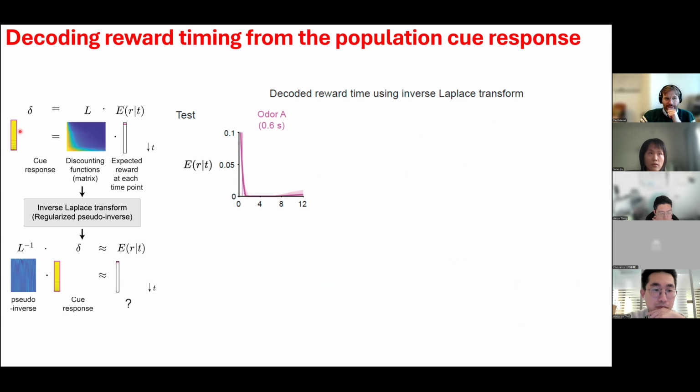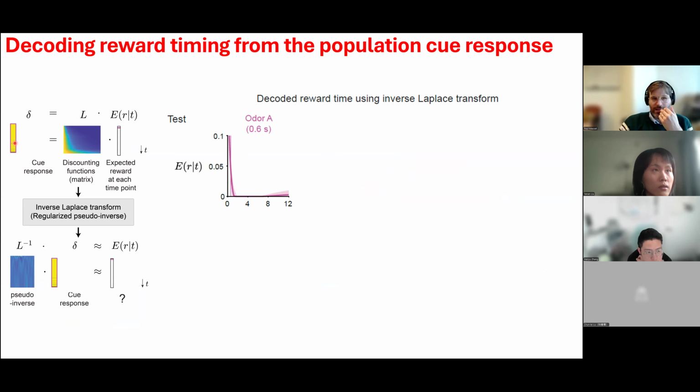We took the prediction error responses for a given delay. We have our discount matrix, and then we have the expected subjective reward timing, right? And the idea is that the prediction error is driven by this subjective expected timing that the animal has somewhere. And so to recover that, we're going to do a regularized pseudo-inverse of this discount function.